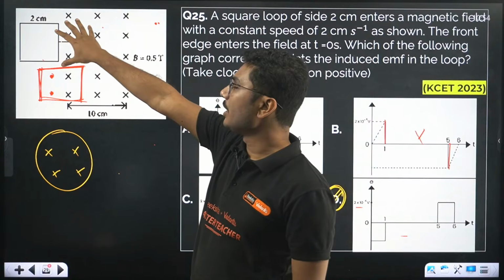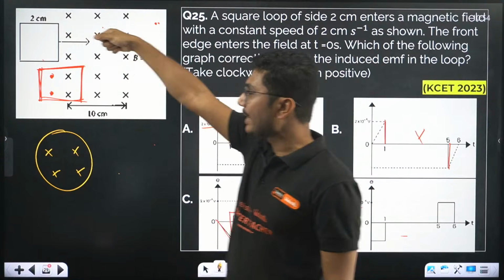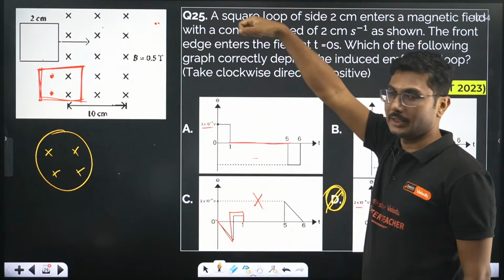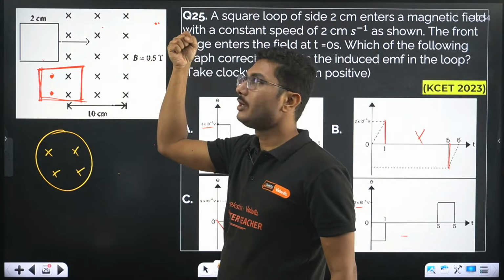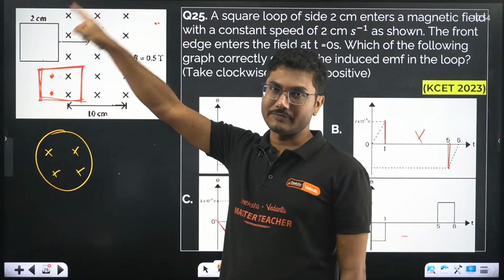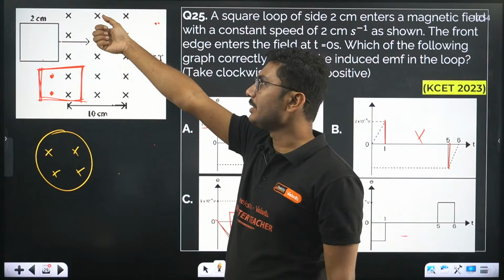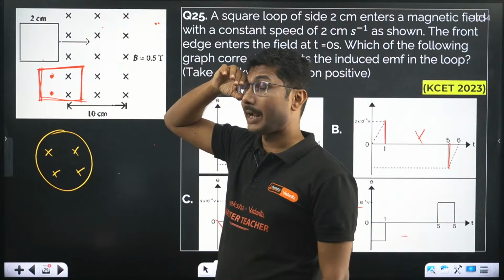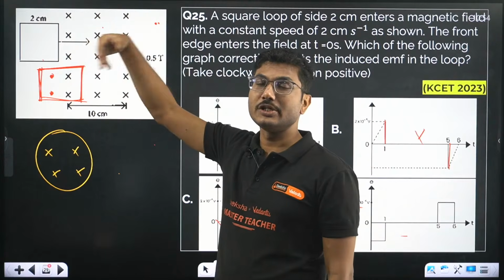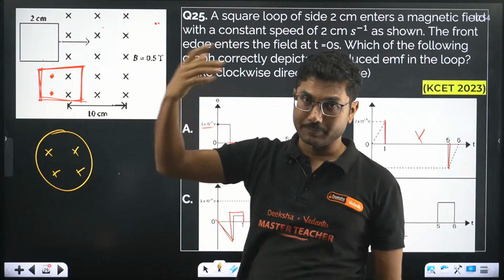So here what we are doing is dragging this loop into the magnetic field. As you drag the loop into the magnetic field at a constant velocity, the magnetic field linked with the loop will change uniformly.